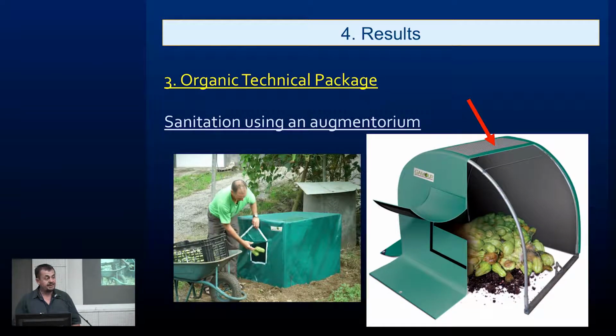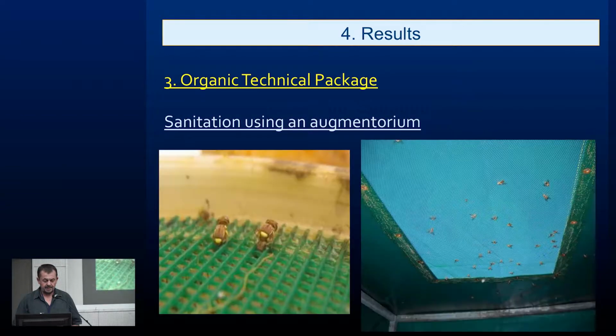So this technique consists of picking up the infested fruit on the ground and then throwing them into this augmentorium. The augmentorium, as you can see on the slide, is like a tent with, on the roof, a net with a specific mesh.